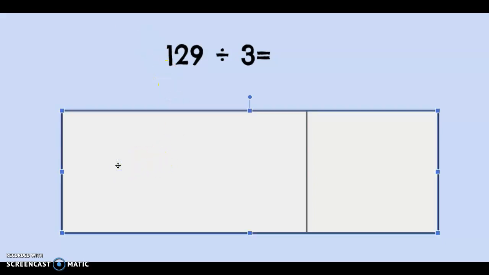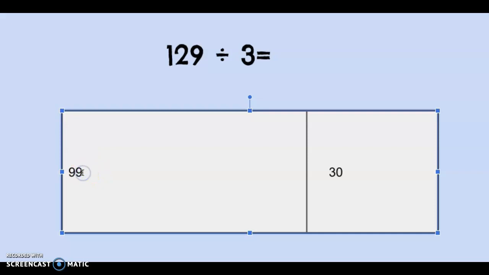So I know that in this box, this could be 99. Now, 99 plus 30 is going to give me 129. So now I have two arrays that are both divisible by 3 easily, and which I know the factors.